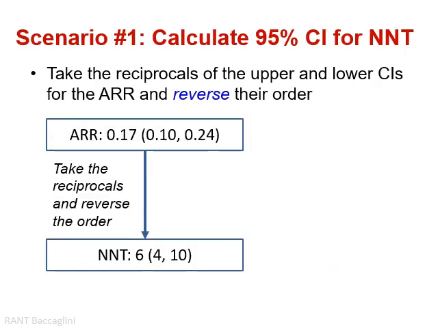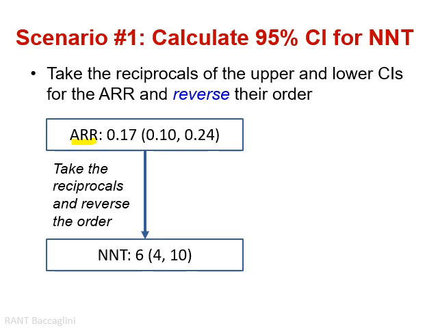So how do we calculate the confidence interval for the number needed to treat? Well, we start with the absolute risk reduction. In this case, it's 0.17 with the confidence interval ranging from 0.10 to 0.24. What we do is take the reciprocal of the upper and lower confidence limits, and then we reverse their order.